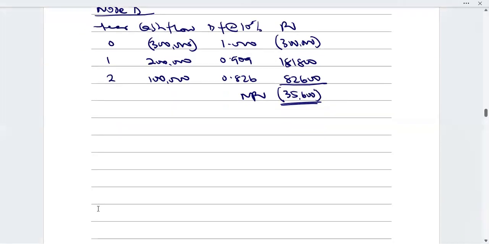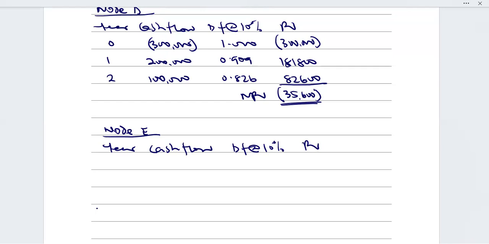We are moving to node E. Present value. Year 0, 300,000 multiplied by 1, 300,000.